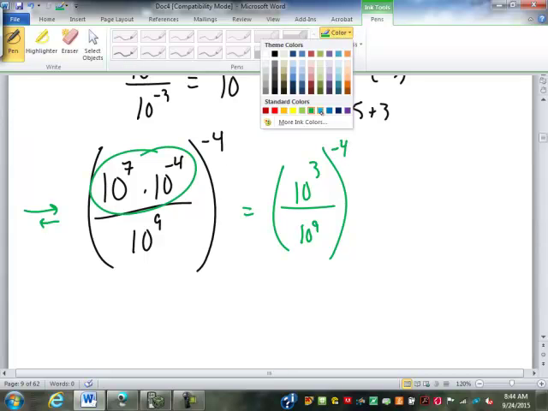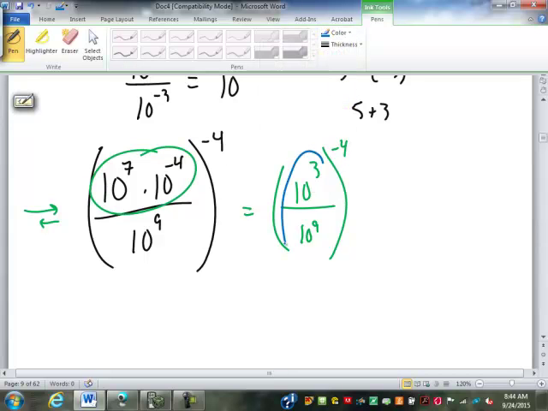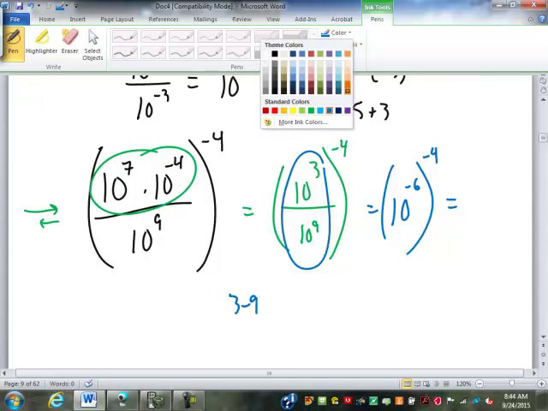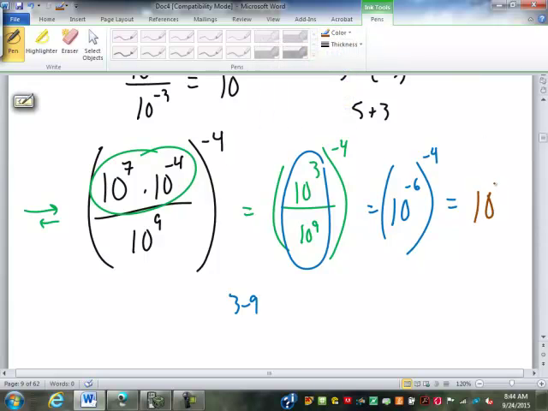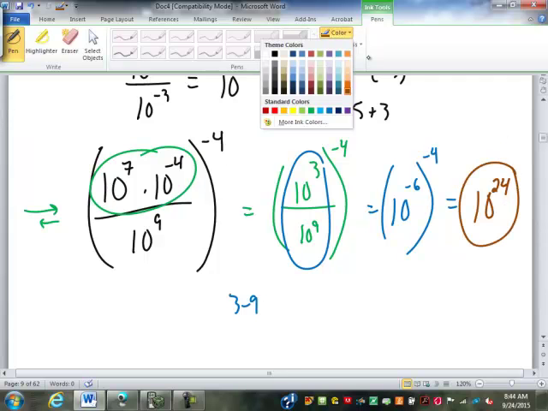So then you've got 10 to the 3rd divided by 10 to the 9th. What's 3 minus 9? Negative 6. And now the negative 4th. This is the easy part. Negative times the negative is positive. 4 times 6 is 24. So you get 10 to the 24th.